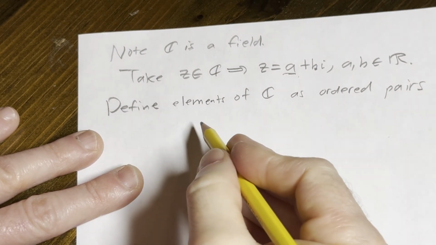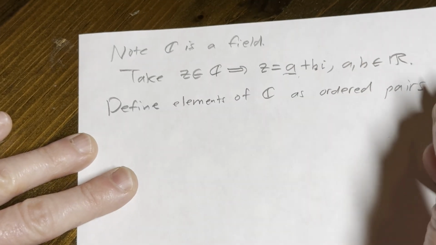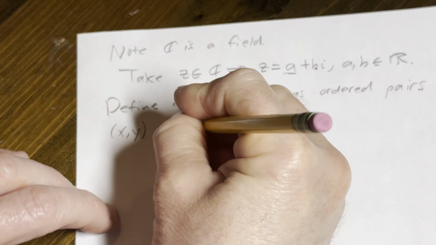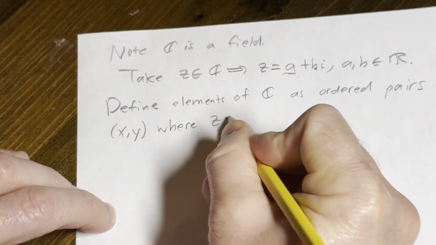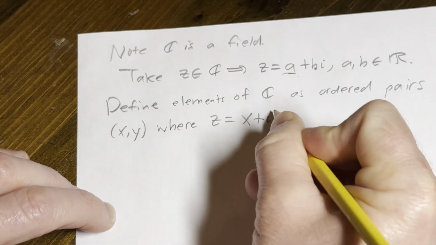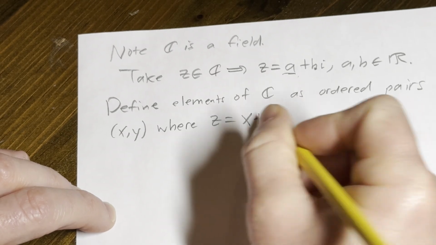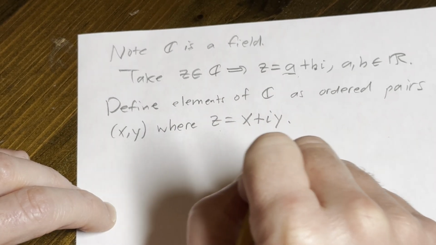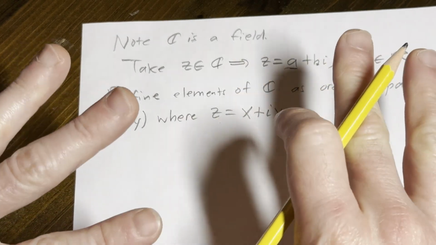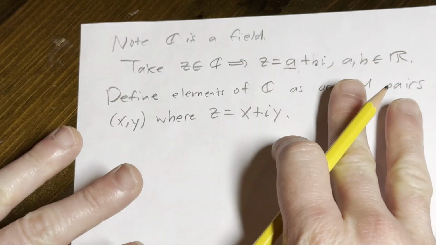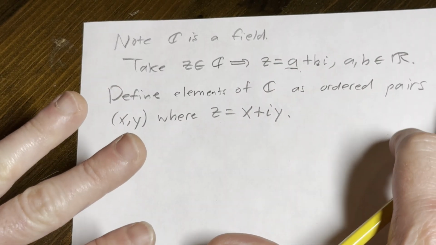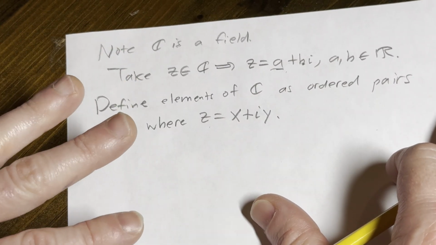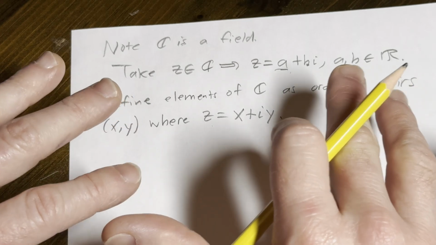Ordered pairs (x, y), where z equals x plus iy. Okay, so we can define each element as an ordered pair x comma y, where z is equal to x plus iy. So we can think of the complex numbers as ordered pairs. That's the key point. And now we're going to define things in terms of ordered pairs, which is a little bit more uncomfortable and awkward, and maybe perhaps you've never seen it done this way.